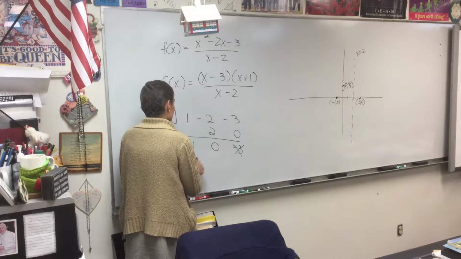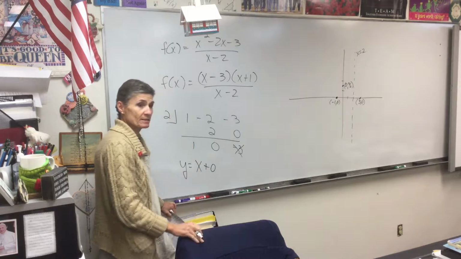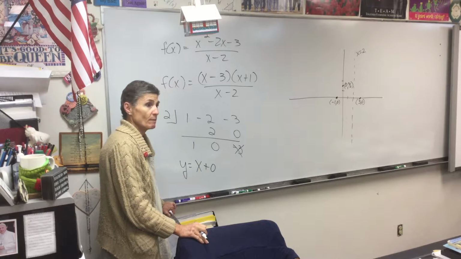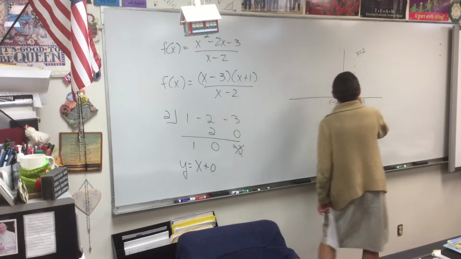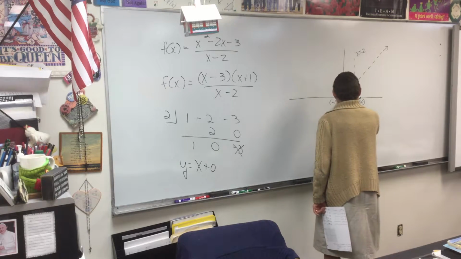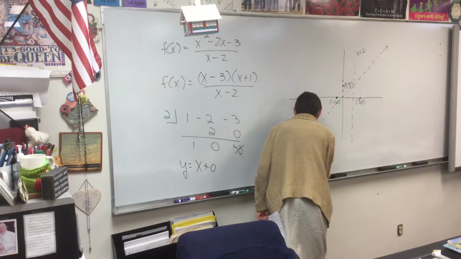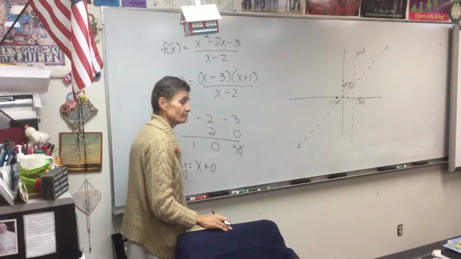X plus 0. So y equals x plus 0 is my asymptote. Well, that's the line through the origin with a slope of 1. It's actually the identity, right? So there it is. There's my slant asymptote.